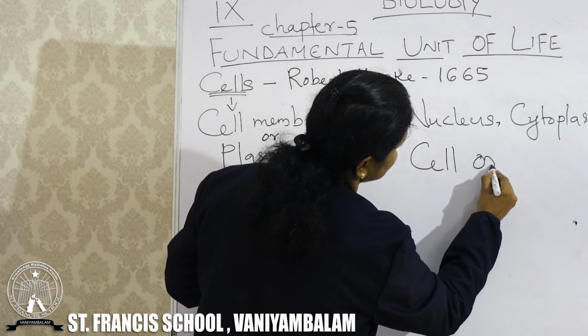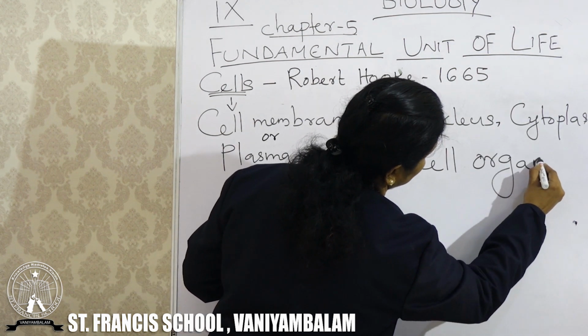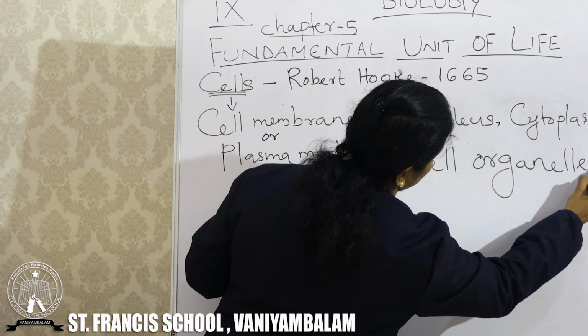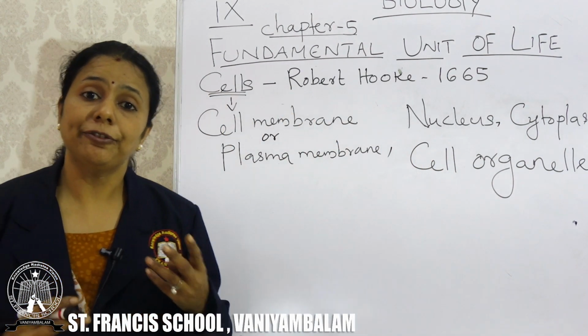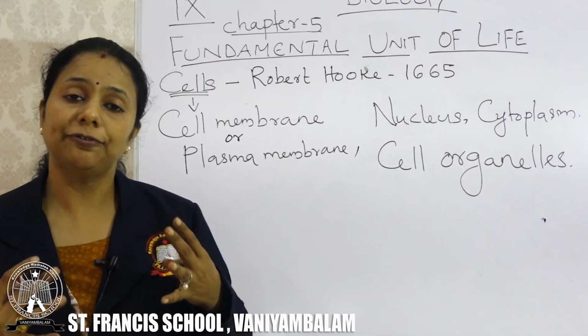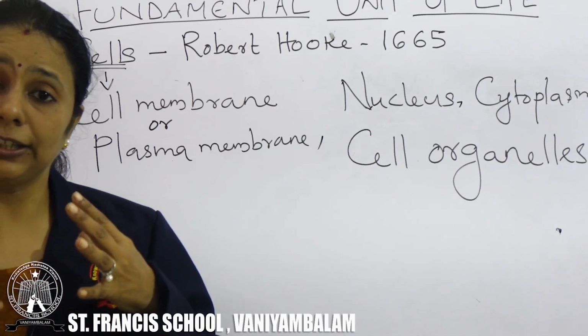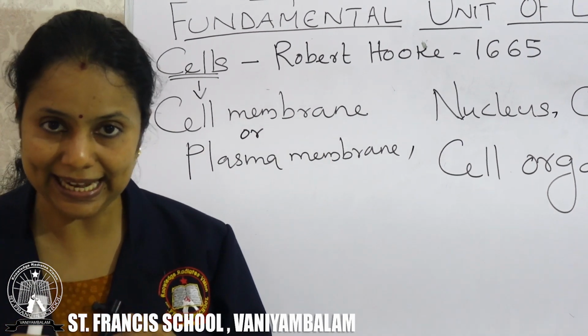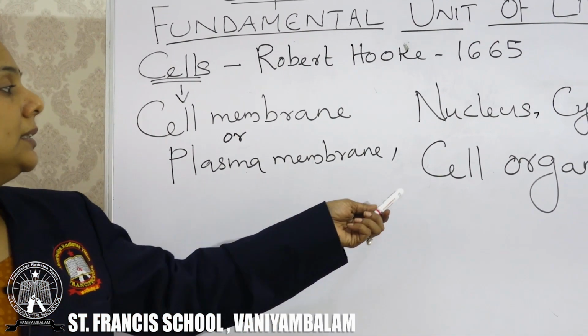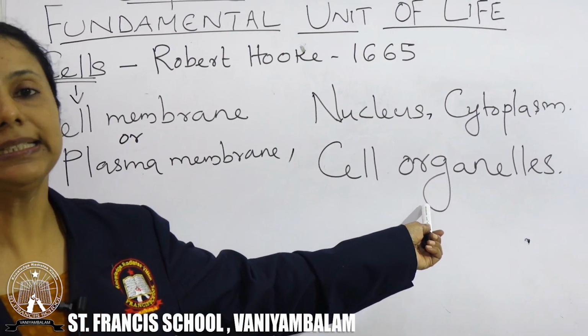So inside the cell you can see many different structures to perform different activities, okay. Each cell has different activities to perform inside the cell. For that, each cell consists of different cell organelles.